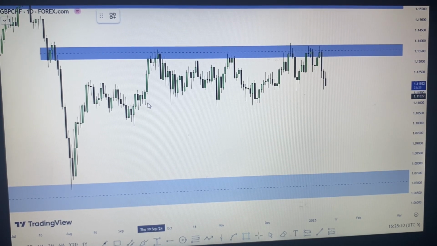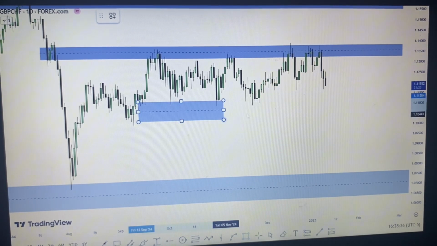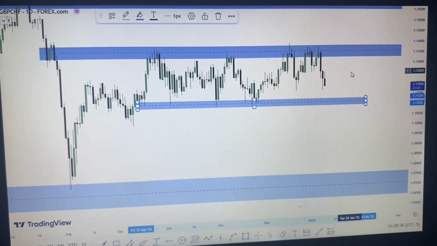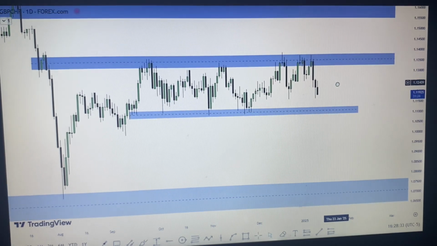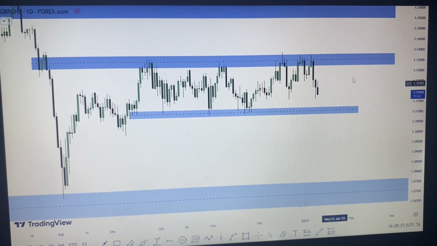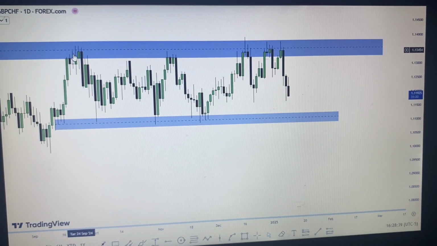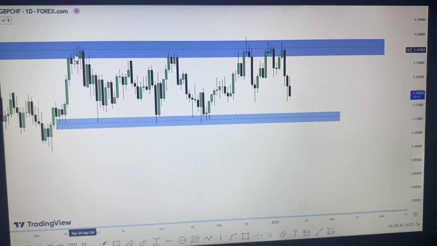So we're going to look at where the market has been rejecting from. This is the level that the market has been rejecting for quite some time now. You've got to look at this very carefully. Sometimes you've got to use your mind a bit.